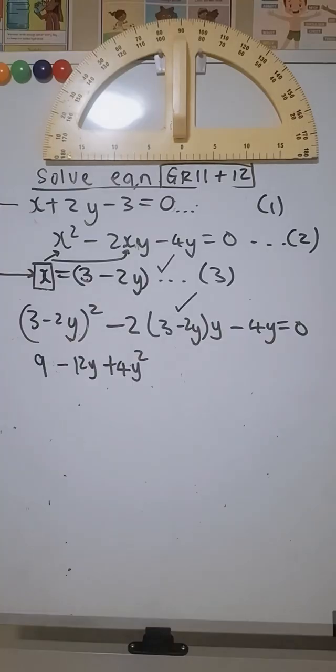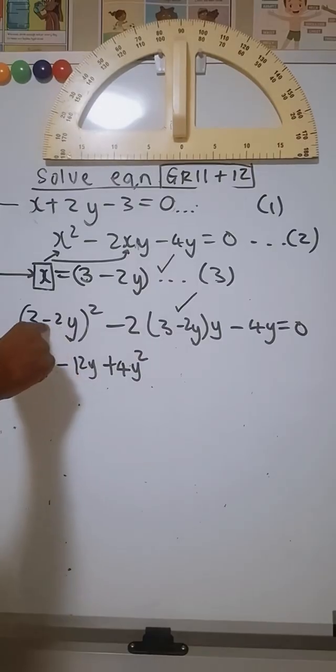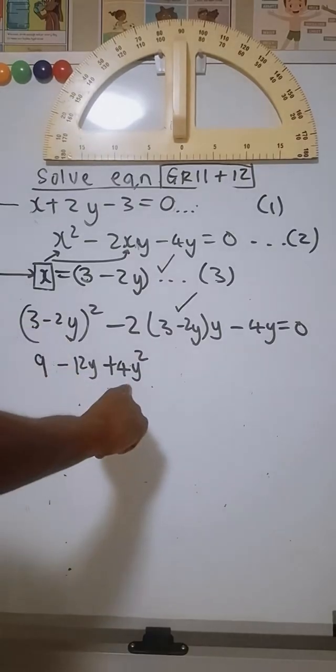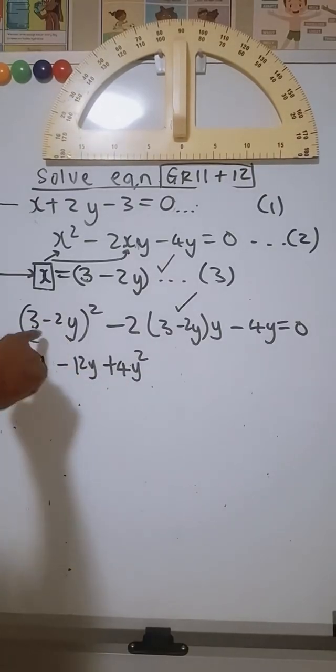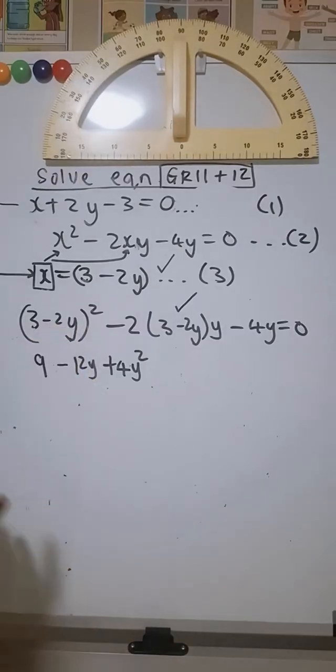This is a shortcut. When you have an expression of 2 terms inside the bracket and it's squared, you square the first term, you get that. You square the last term with its sign, you get that last term. Then you multiply these two and then you double what you get. So 3 times negative 2y is negative 6y. Negative 6y times 2, you get negative 12y. Alright, shortcut.